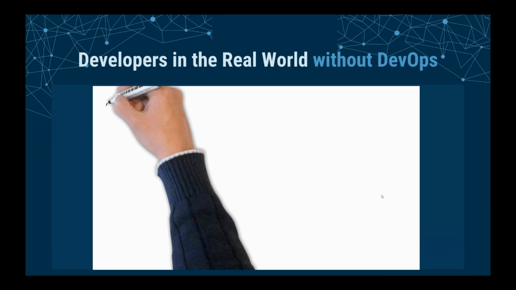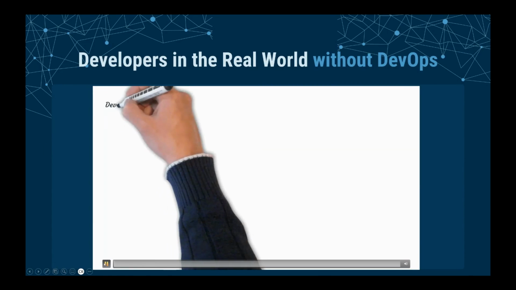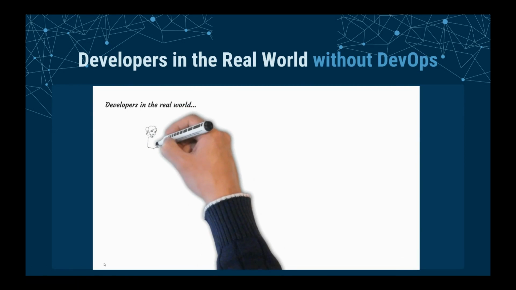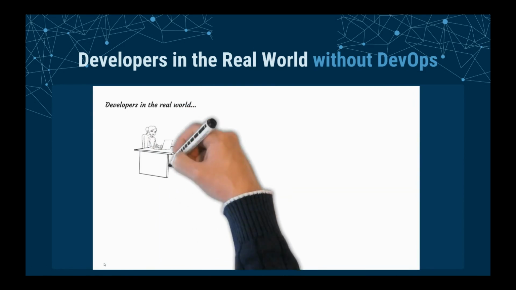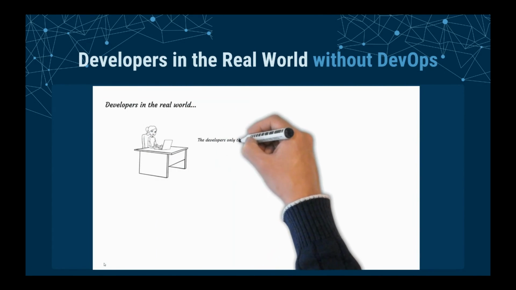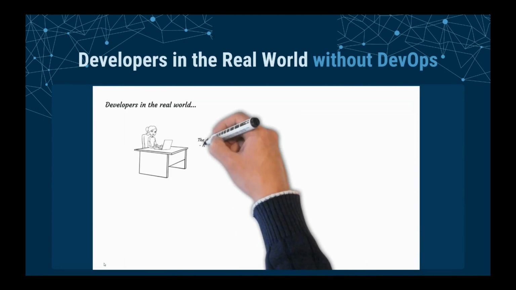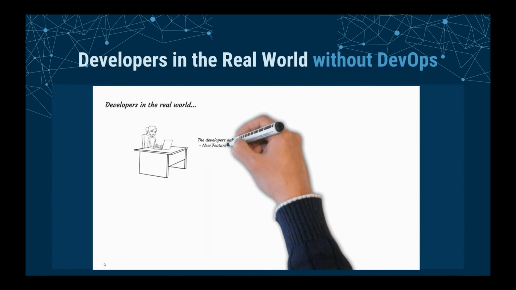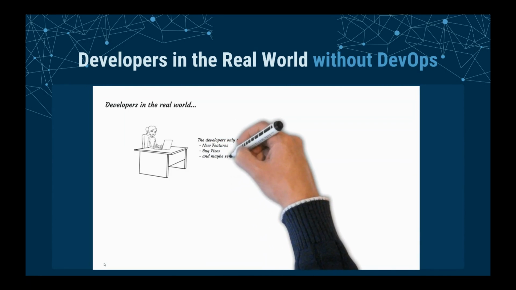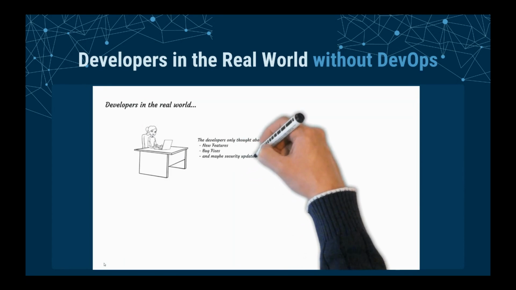Now, if you think about it, let's back it up just a second. Myself being a developer, developers in the real world, we really loved programming in silos. We really love to brag and program about things that we love to program, things like new features or just simple new ideas. We hardly ever worked on bug fixes, and for the most part, we hated security changes, right?